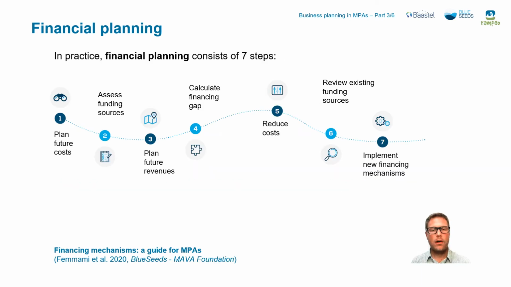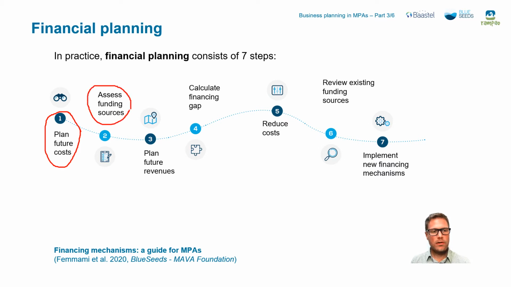So what does long-term financial planning for a protected area look like? Well, it looks like this figure. This figure was taken from the Guide on Financing Mechanisms for Mediterranean MPAs, currently under publication by BlueSeeds and the MAVA Foundation. The first step here is to plan the future costs of your MPA, which are needed to reach the conservation objectives in the management plan.